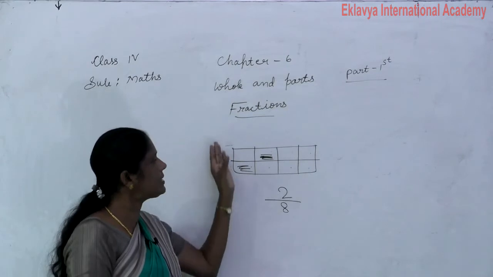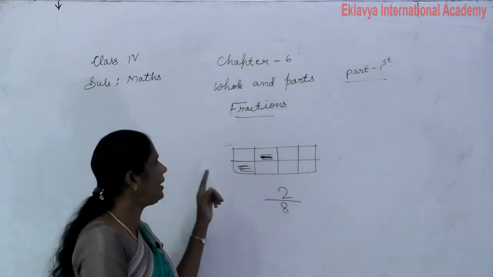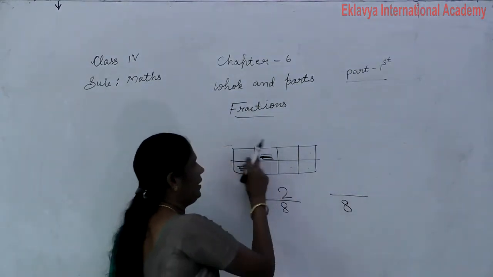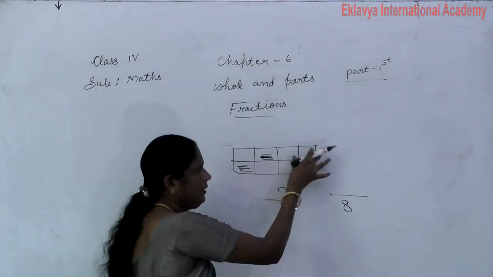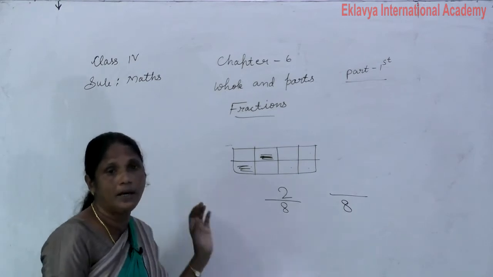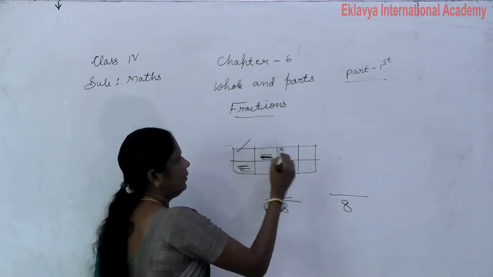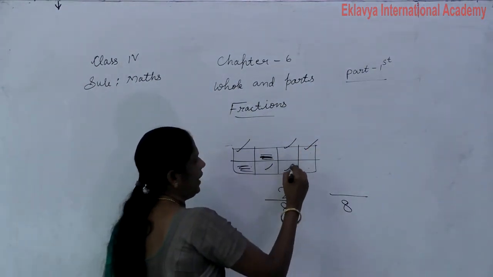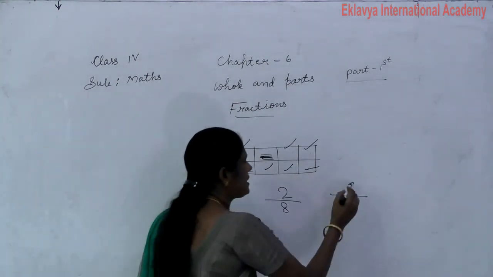Then what is the unshaded fraction? How many are unshaded? The total we write is 8. 1, 2, 3, 4, 5, 6, 7, 8. First we write the total. Then how many parts are unshaded? 1, 2, 3, 4, 5, 6. 6 parts.